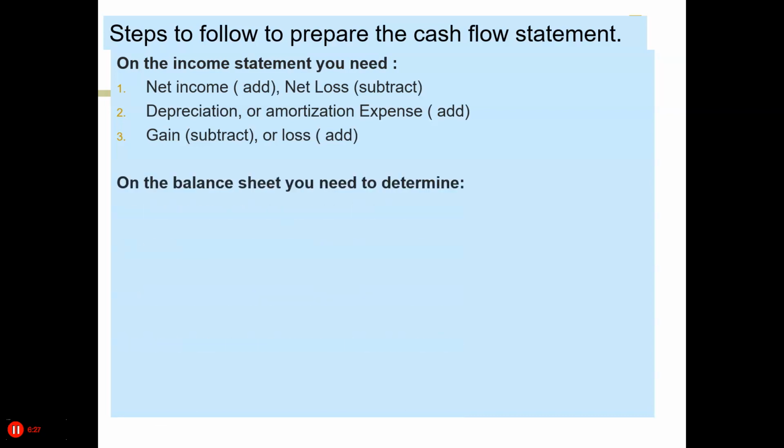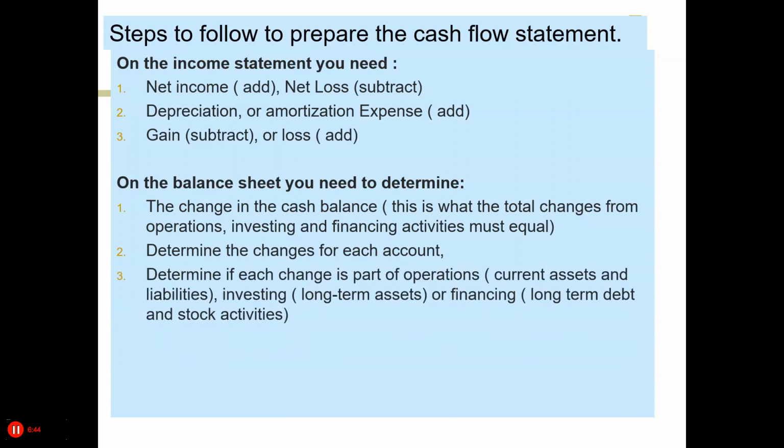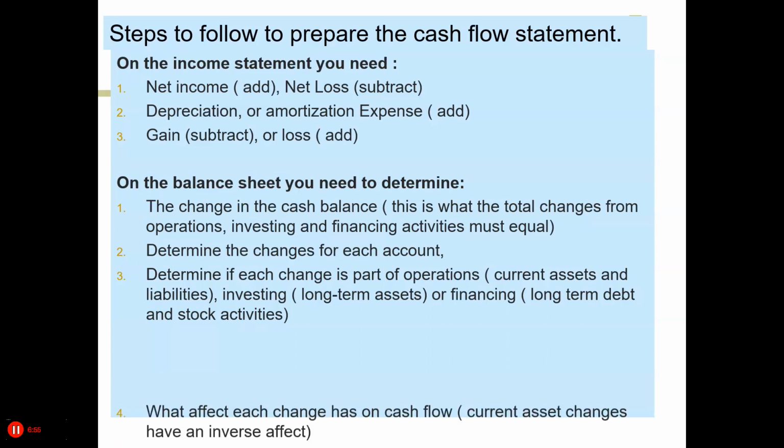Then on the balance sheet, you're going to figure out what's the total change in cash because that's what your operating, investing, and financing activities must total. It's a check number. Determine the changes in each account on the balance sheet. Remember, you have to explain every change. You're going to determine if each change is part of operations, which is current assets and liabilities, investing, which is long-term assets, or financing, long-term debt and stock activity.